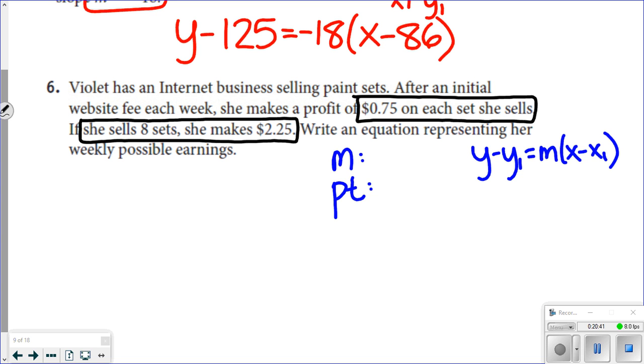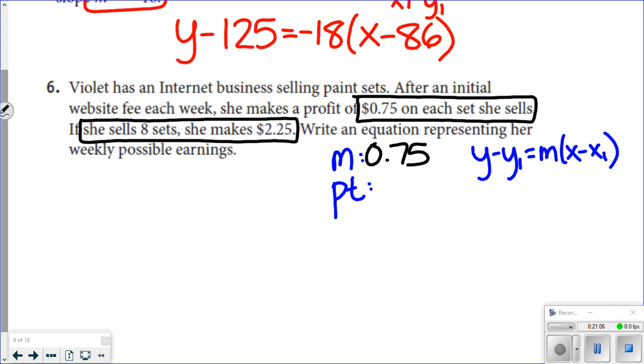I don't see the word per, which usually is used when we're talking about slope. So the other word that I could pay attention to is each set. And that's changing because one day she could sell 10 sets.